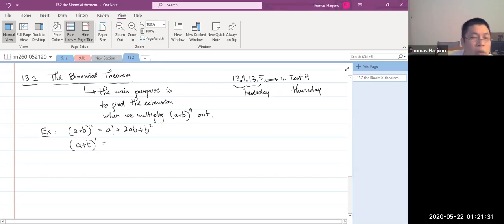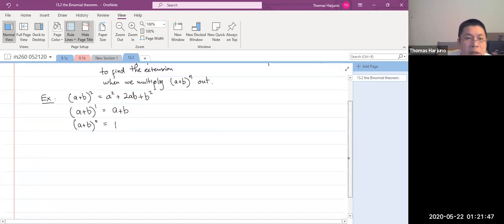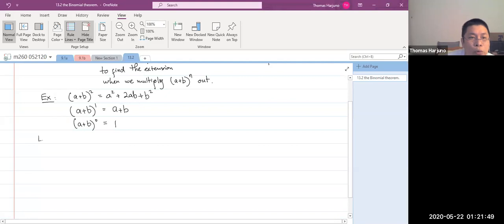It is just a plus b, is it right? And a plus b to the 0 is 1. We already know those. I would like you to do some expansion first, and then we will see some pattern.